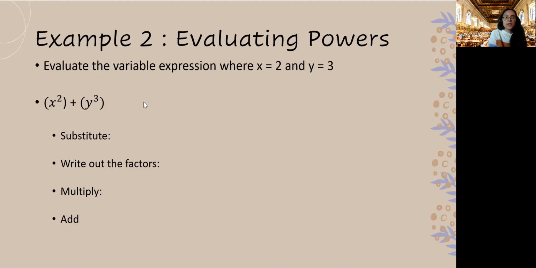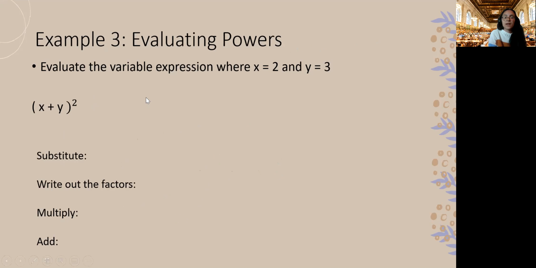So we're going to do another problem. We're going to evaluate the variable expression when x is equal to 2 and y is equal to 3 for the quantity x plus y, squared. So we're going to substitute, and here it's very important that we pay attention to our parentheses. We're going to have 2 plus 3, all of this squared.